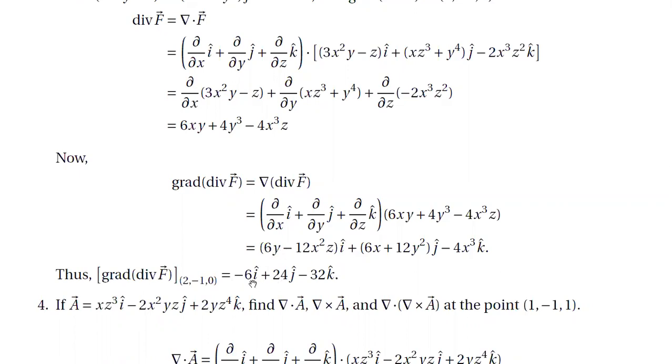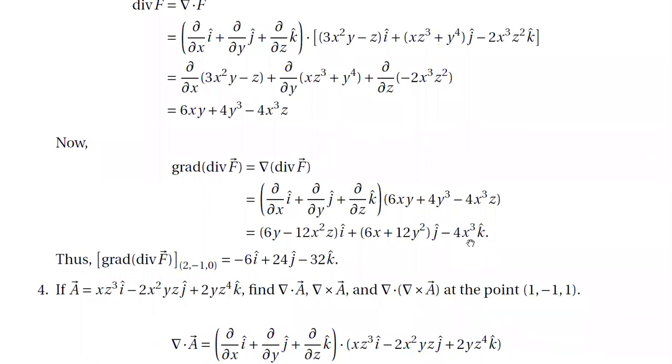So the first term becomes minus 6i, plus the second term 6 into x, x is 2, so you get 12, and here you get plus 12 into (-1) square, which is plus 1, so 12 plus 12 you get 24j, minus 4 into x cube, which is 2 cube, so you get 8 into 4, 32, so you get minus 32k.